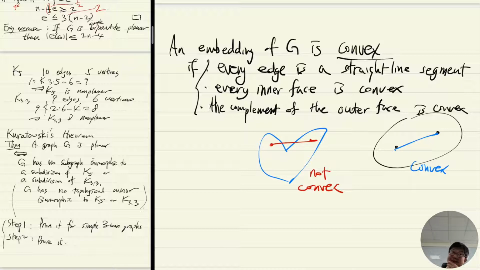It has to be planar, because I'm talking about planar embedding on the plane. And what else? If you have parallel edges, you can never have a convex embedding because you're supposed to draw straight lines. You cannot have loops either, because you can never draw a loop by straight lines. So it has to be simple.